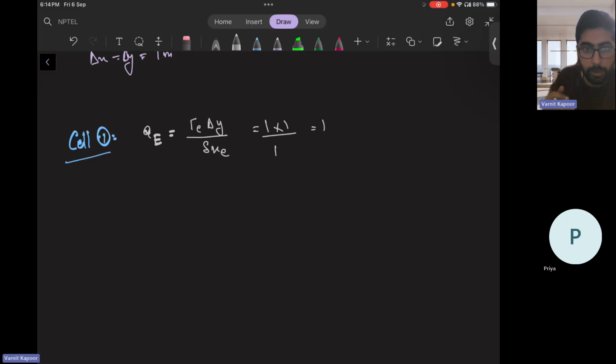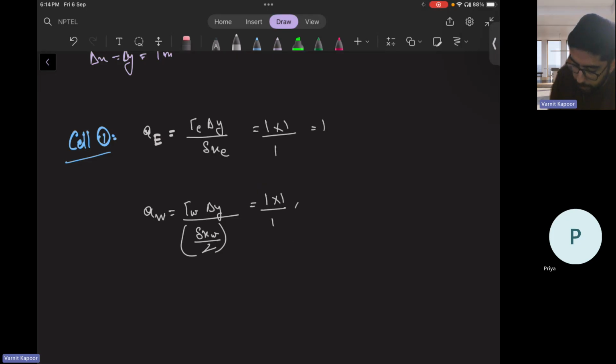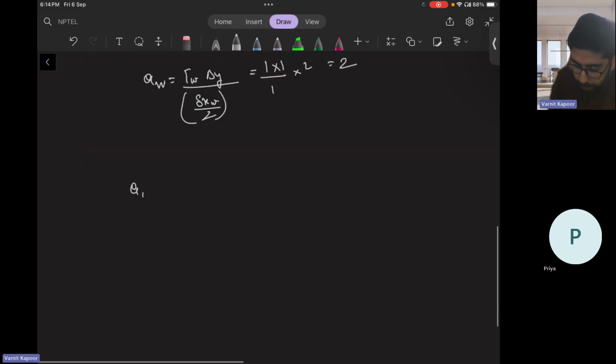Similarly, A west: gamma west, del y by, but this time there is no west node, so we'll take the boundary node by 2. So that is 1 into 1 over 1 into 2, that is 2. Now coming to the north, it will be gamma n, area will be del x into 1 unit, into del y north.